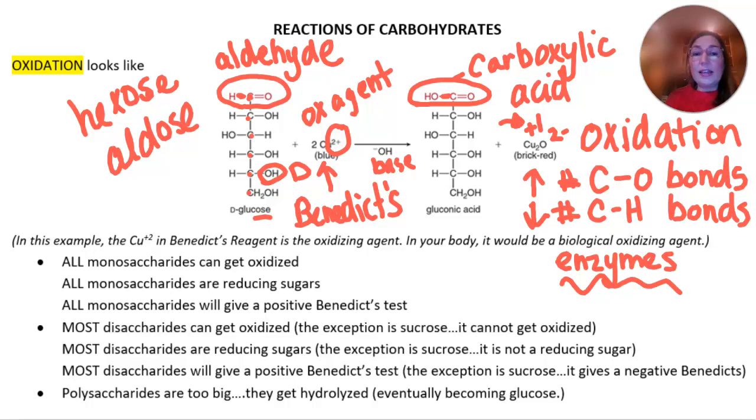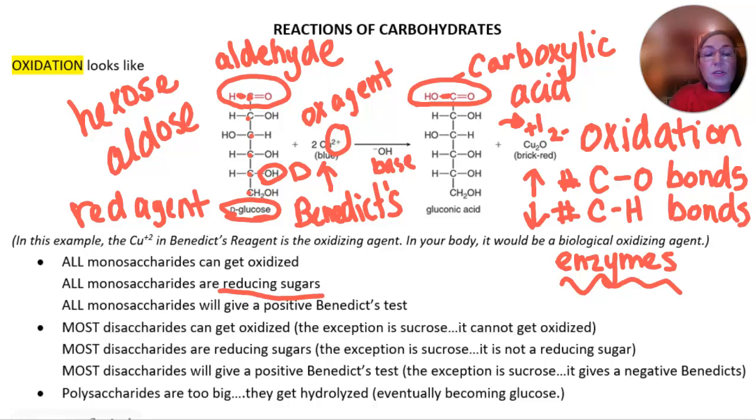The idea is that the Benedict's reagent has been reduced. Who did that? The sugar. So if the Benedict's is the oxidizing agent, the glucose is our reducing agent. And so therefore, it's a reducing sugar. All monosaccharides give a positive Benedict's test.